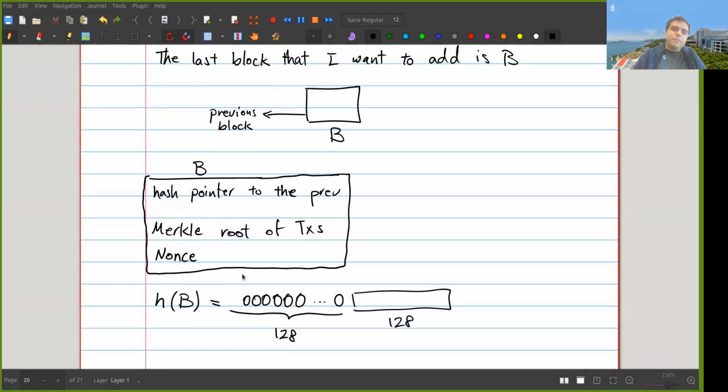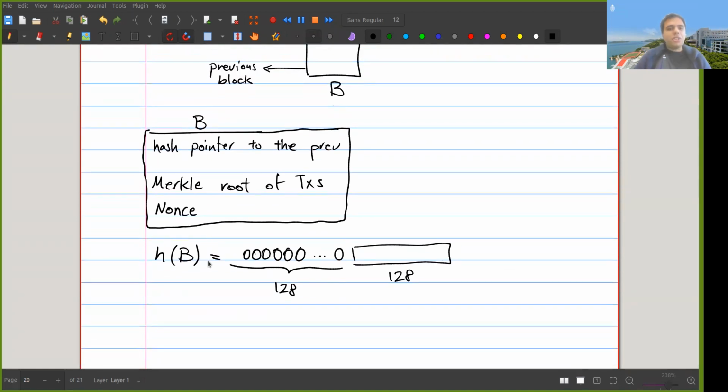So again, just to look at it very naively, let's say that we have only 2 miners, okay? And they compete for creating new blocks. Then if one miner has 10 times as much computational power as the other miner, which means if one miner can compute 10 times as many hashes as the other miner in 1 second, then this miner will be able to add new blocks 10 times as often, right?